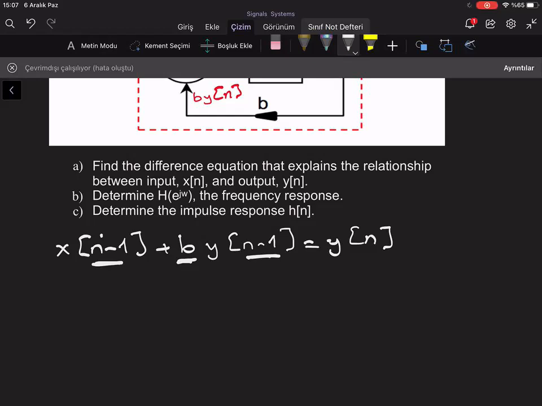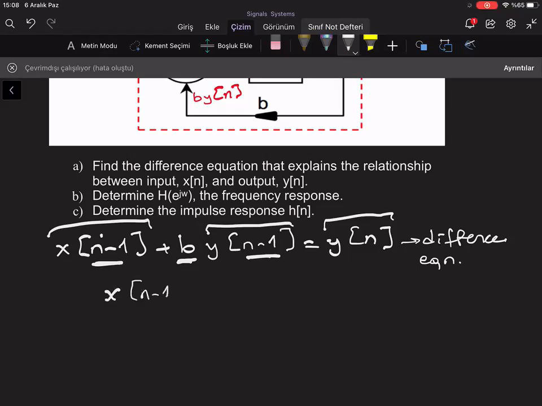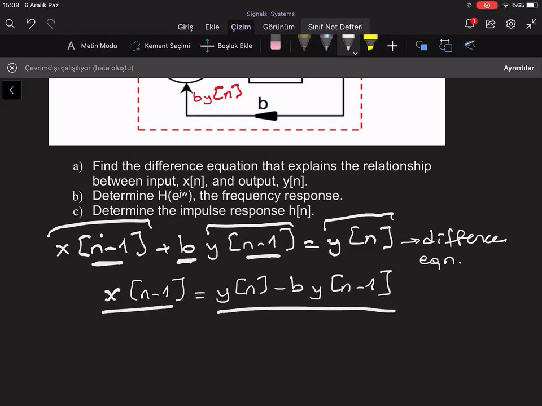So this is my difference equation, arkadaşlar. Now it explains the relationship between the input and the output, okay? So A is done.